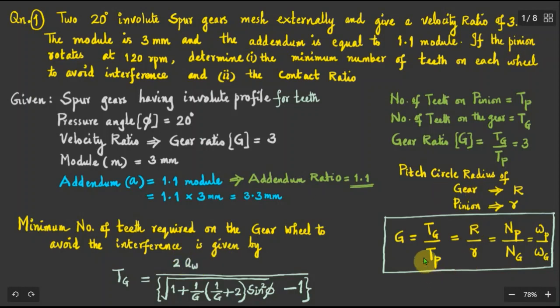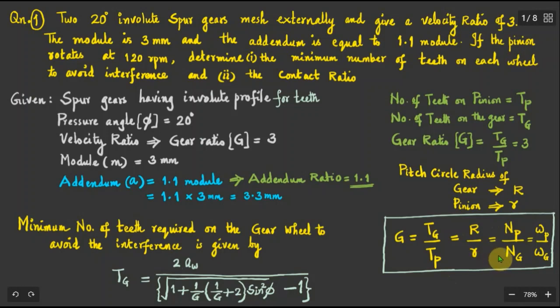We know that gear ratio is equal to TG by TP, which is equal to capital R by small r, that is the ratio of pitch circle radii of the gear and the pinion. The bigger one is the gear, that is capital R, and small r is the pitch circle radius of the pinion.